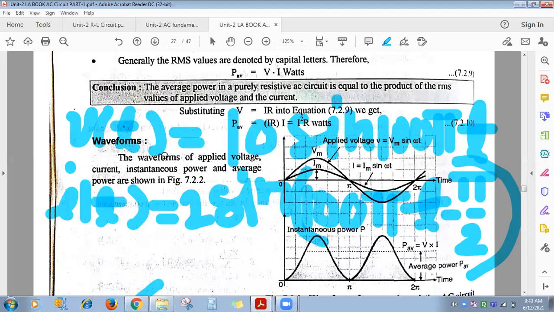What is the conclusion? If only one instantaneous voltage and current equation is given, you must be able to identify whether it is purely resistive, purely inductive or purely capacitive.